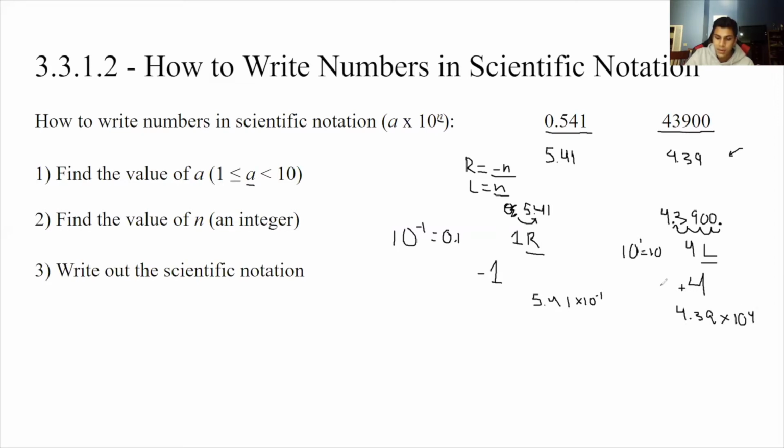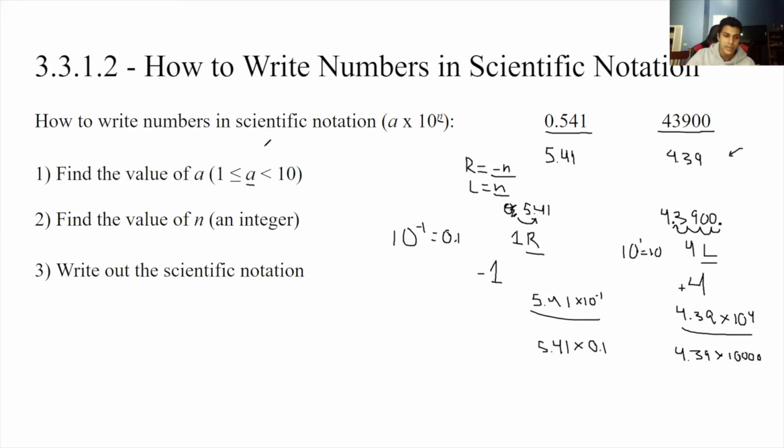And if I write these out of scientific notation, just to make sure you understand, this looks like this: 5.41 times 0.1, because 10 to the power of negative 1 is 0.1, and if you multiply this out, you get 0.541. This example is 4.39 times 10,000, because 10 to the power of 4 is 10,000. And if you multiplied 4.39 times 10,000, that gets you 43,900.